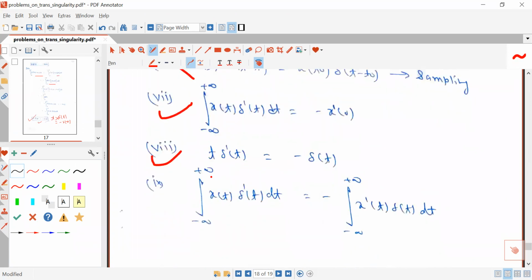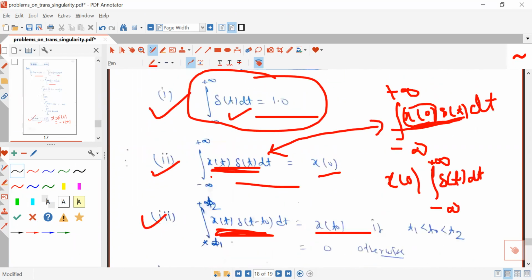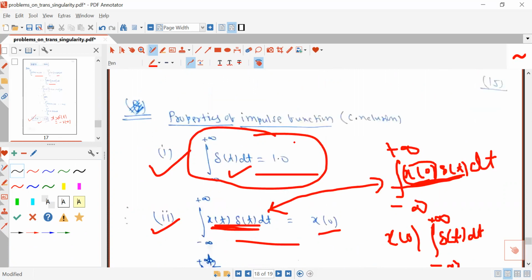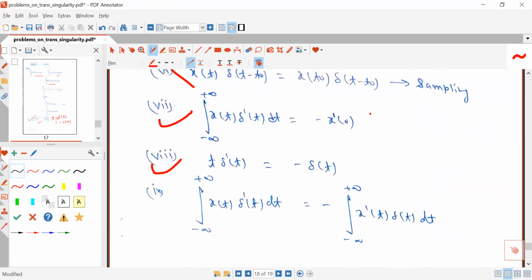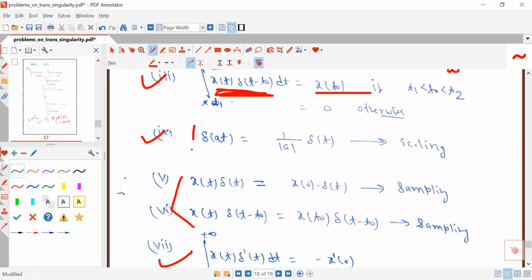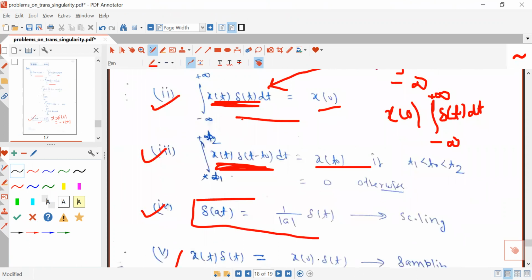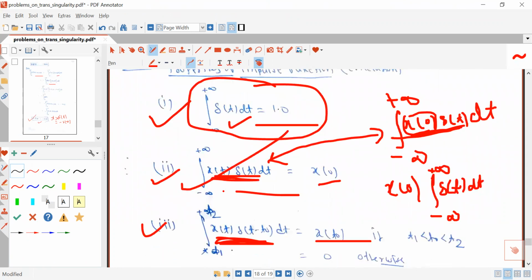So you must remember all of these properties of the impulse function, and with the use of these properties you can not only analyze the various types of signals, but you will solve various types of mathematical expressions also. So these properties are very important, and in the examination the question may be asked, prove scaling property, prove shifting property.